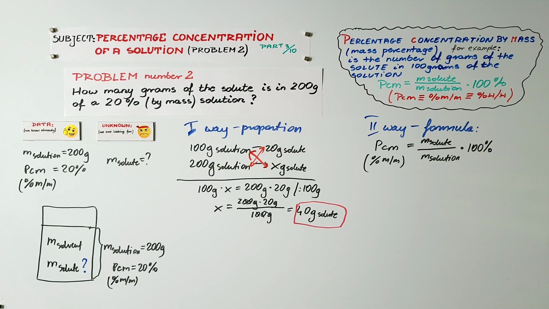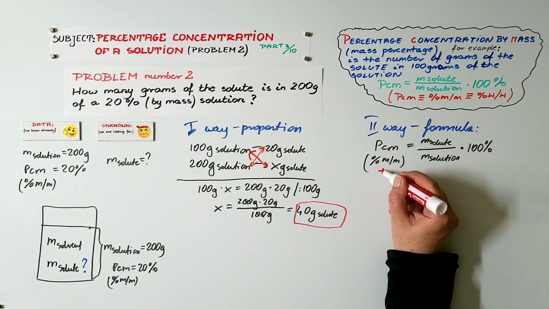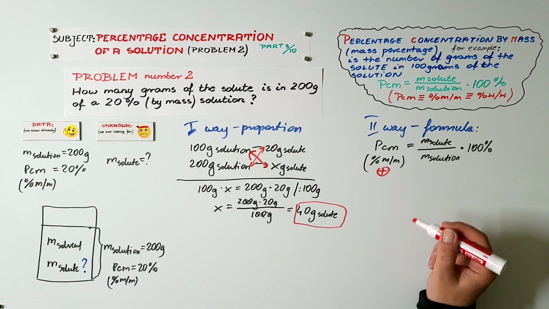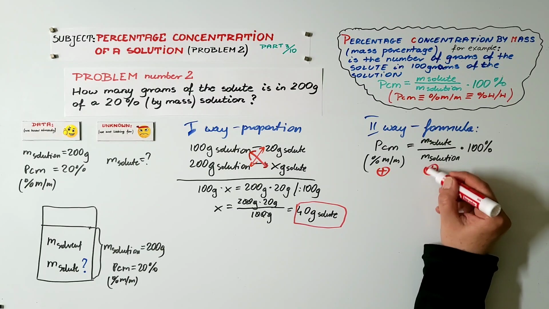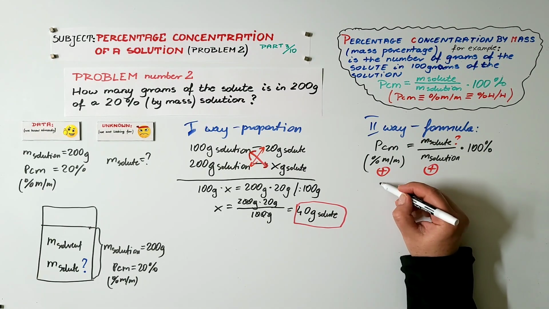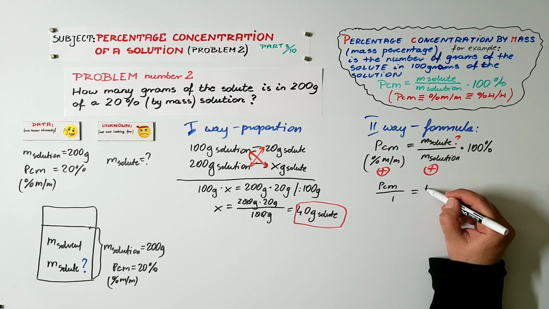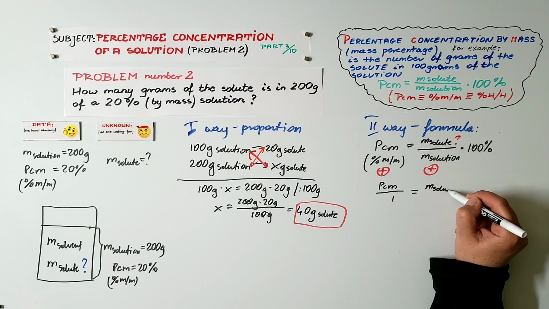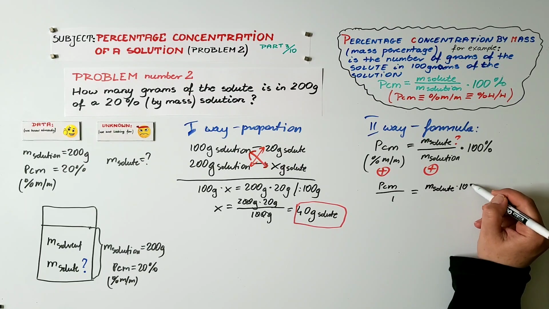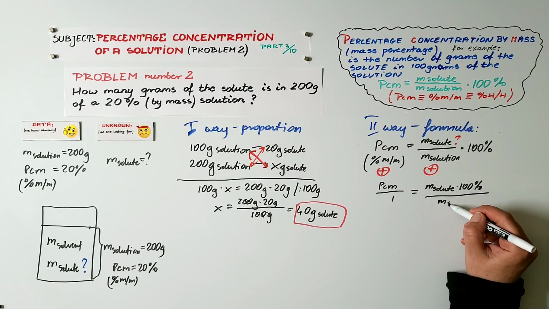So in our case, what we see, we have percentage concentration and also mass of solution. We are looking for mass of solute. So how to calculate mass of solute? Percent mass over 1 equals mass of solute times 100% over mass of solution.